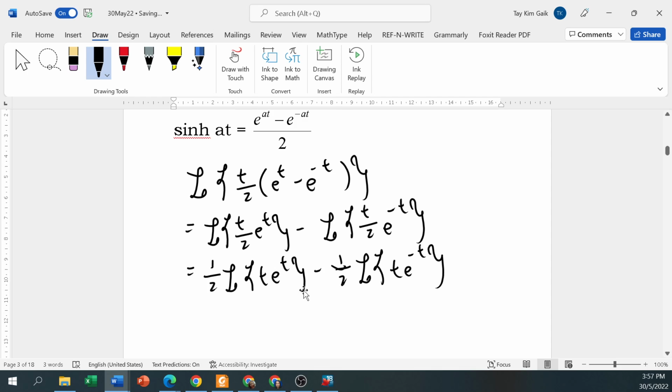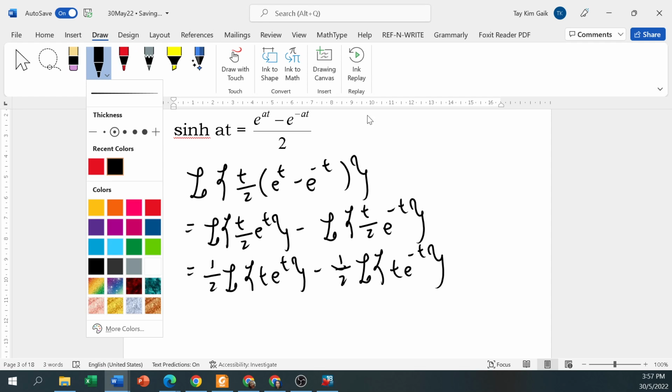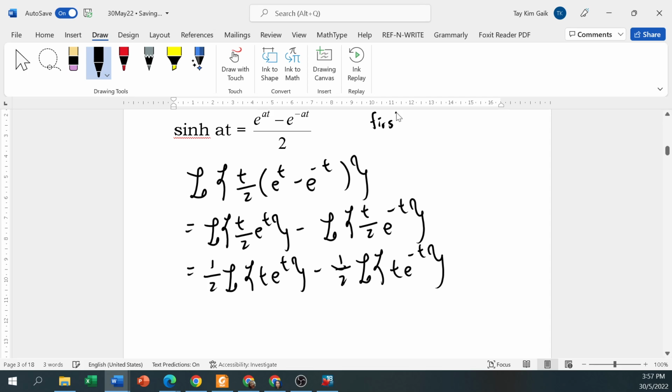So in this case, if you apply the first shift property, which tells you that the Laplace transform for e to the power at times f(t) is F(s minus a), F(s minus a).